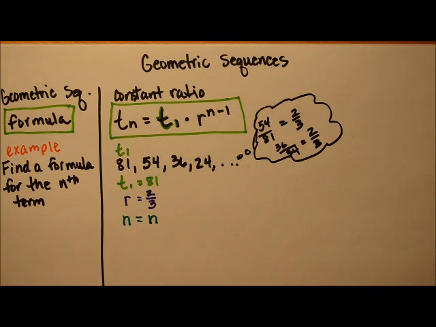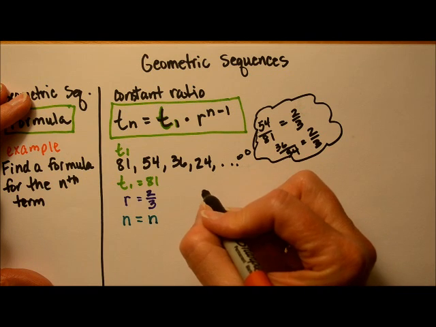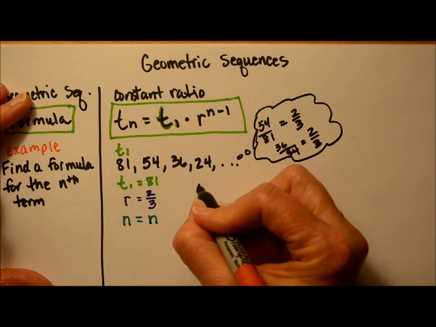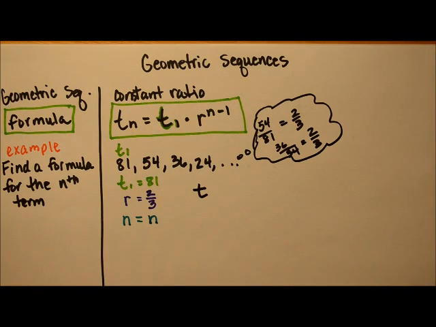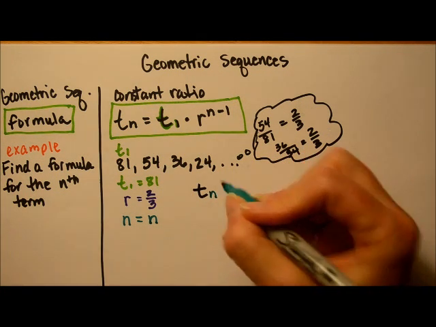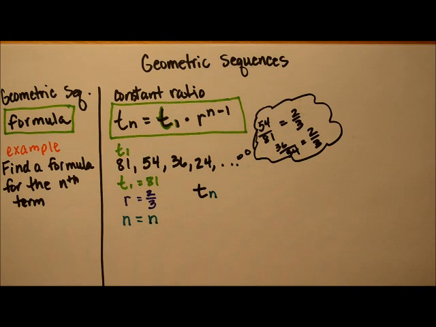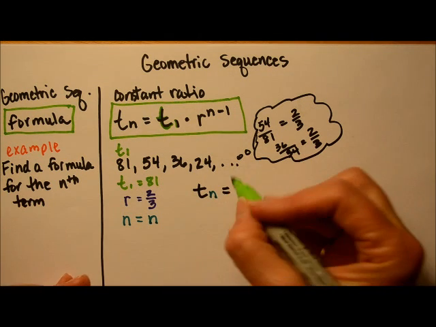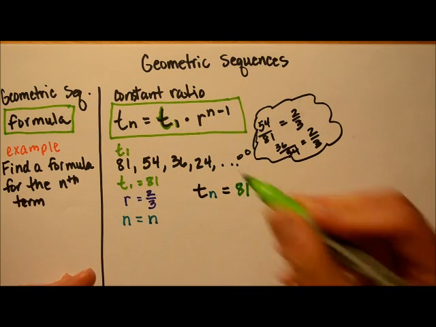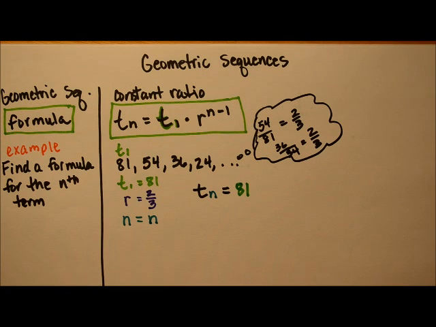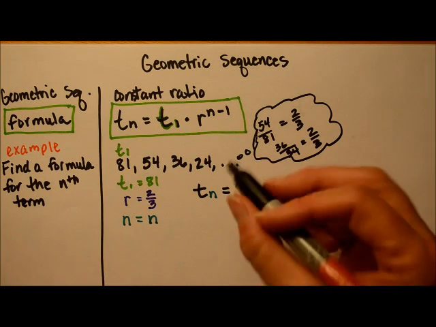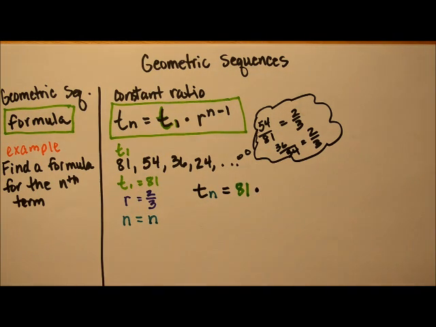These are really simple. Okay. So what I have is Tn, right? The nth term equals T1, which we figured out already is 81. We didn't even have to figure it out. It was sitting right there. It's 81 times r, which we know is 2/3.